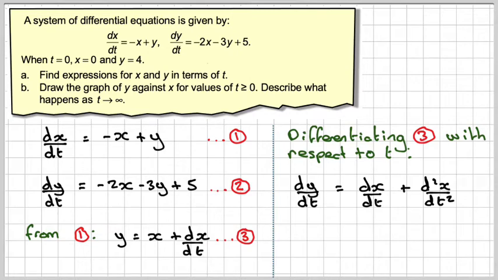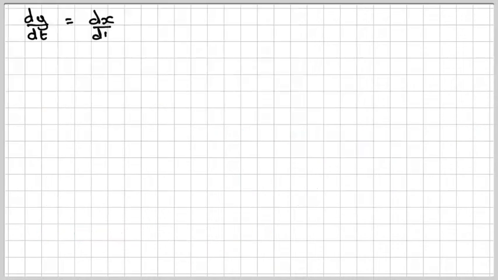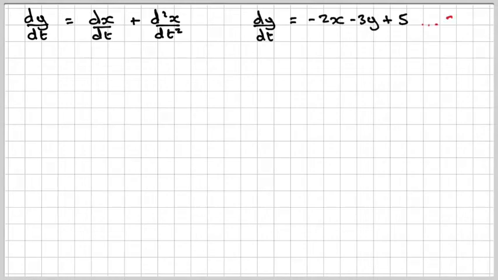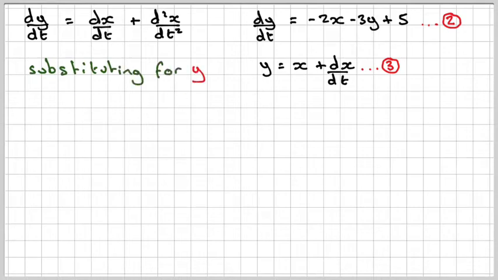Okay, and then that will allow us to substitute into 2. So if we now write down again equation 2 and equation 3, we're going to substitute for y and dy/dt in this equation using these two equations.